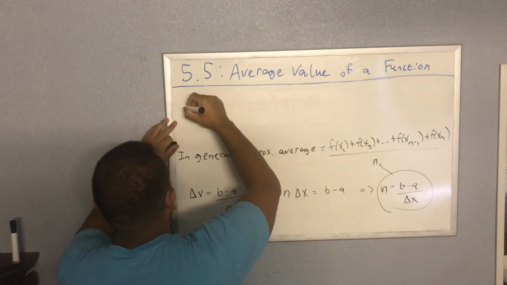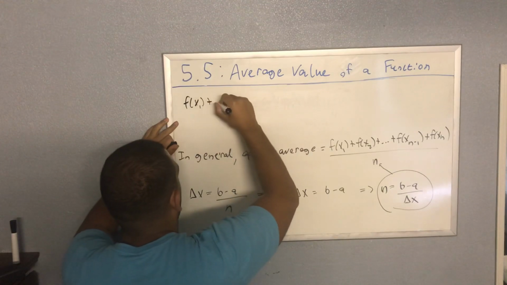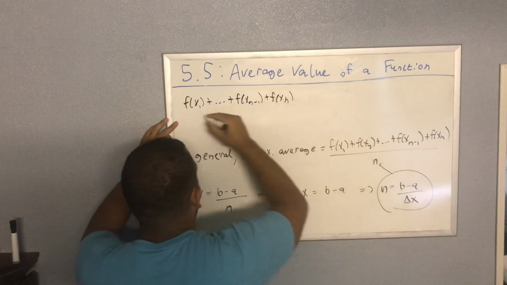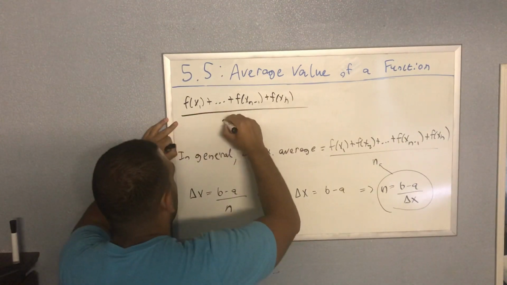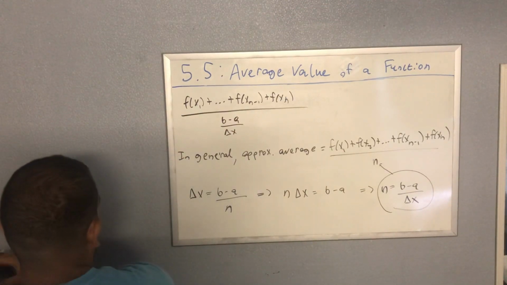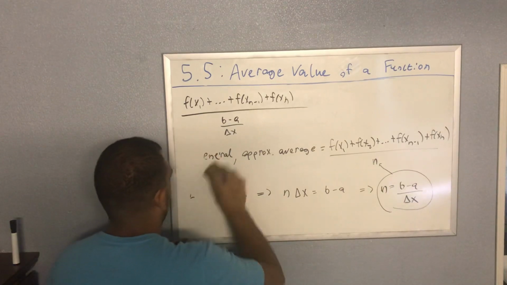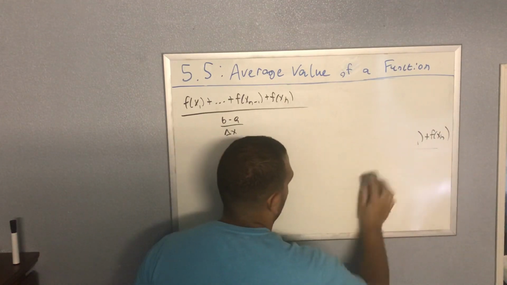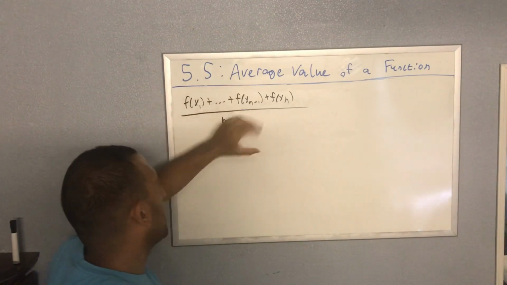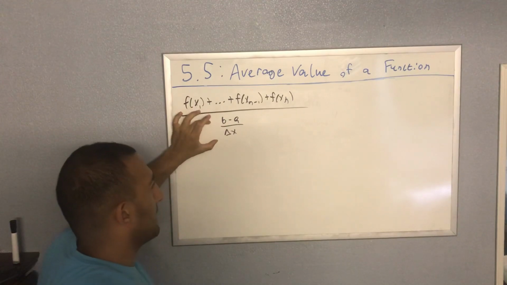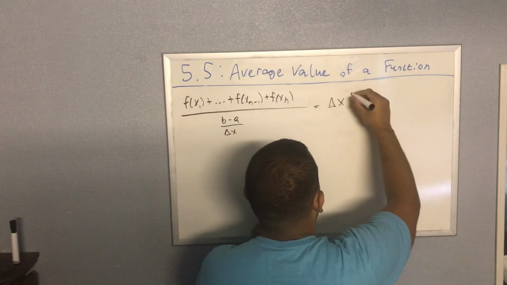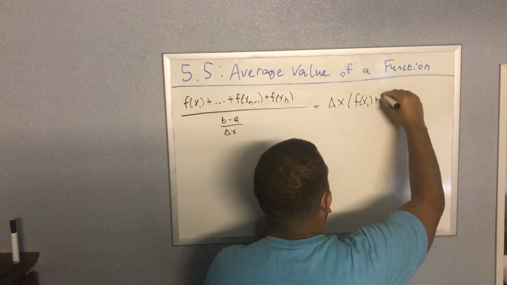You get f of x1 up to, so the sum of those, all over b minus a over delta x. Which again, anytime you're dividing something by a fraction, you just end up multiplying by its reciprocal. So this ends up being delta x times this guy.